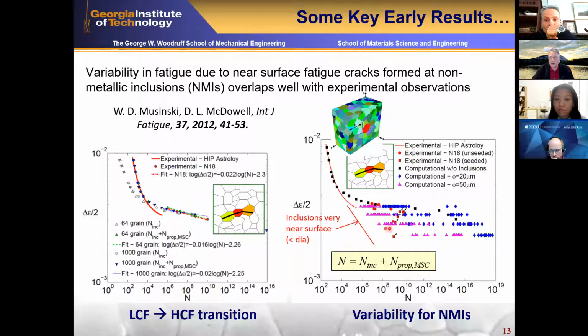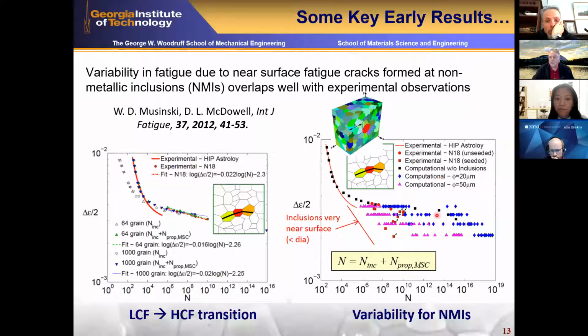And we were able to then compute, you can see the computational results for without inclusions. This is the dark solid squares with 20 and 50 micron inclusions, and you can see you get a range, right? And compared to the experiments with the seeded and unseeded, the unseeded experiments follow pretty much the computational results in the transition.